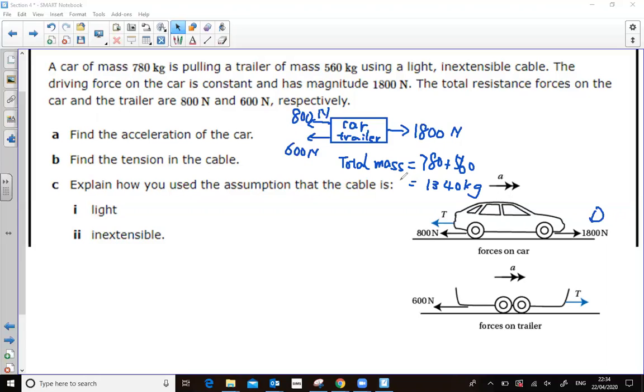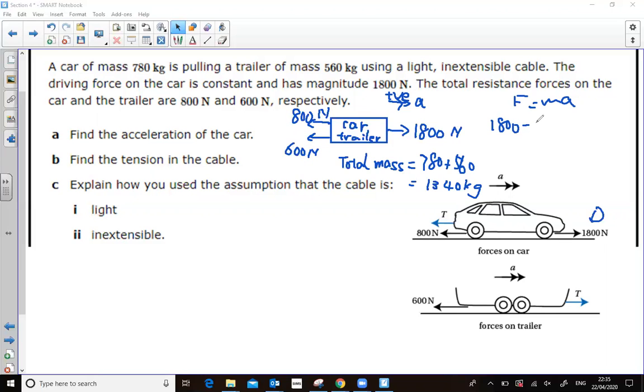Okay, so if we're looking for the acceleration, that means we have to use F equals ma. Now, the acceleration is towards the right-hand side, so that's going to be our positive direction. So then we'll have 1,800 Newton plus negative 800, which means it'll be taken away.